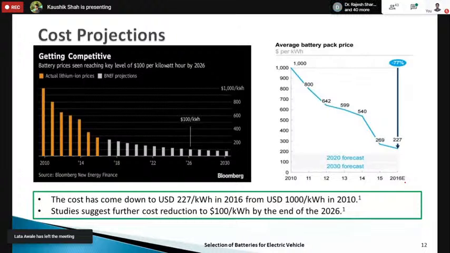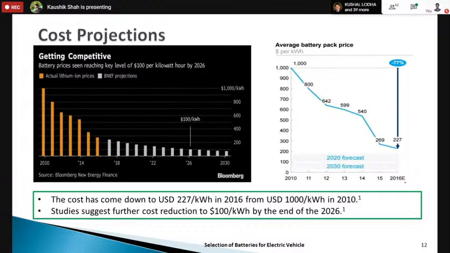About the cost projection, I think these slides are already there, and many of you must be aware. I think it's dropping down with the different chemistries, additions of metals and everything. What you see on the graph is falling down, and this is the reason why it is said that in 2030 it is going to be a very different scene.